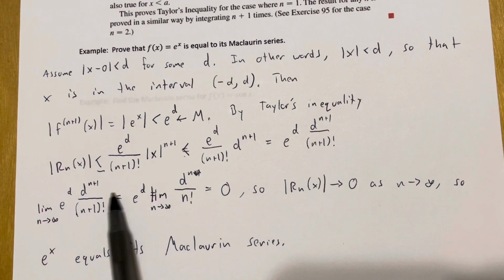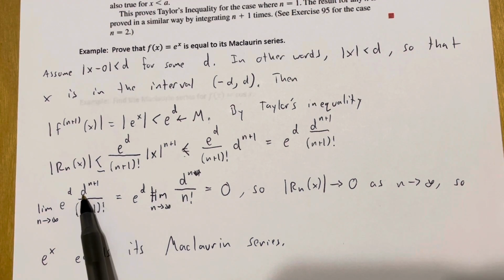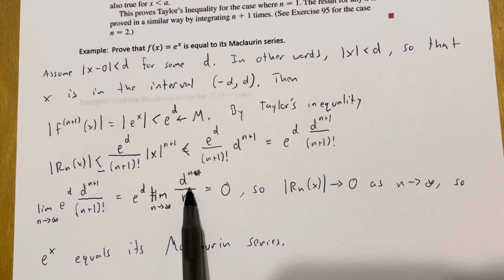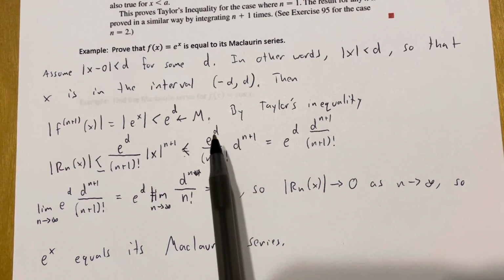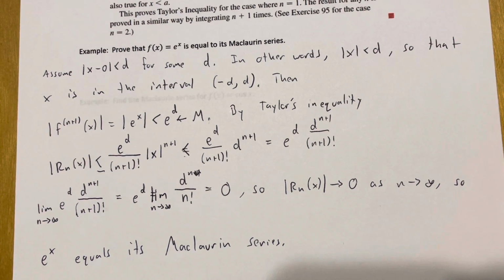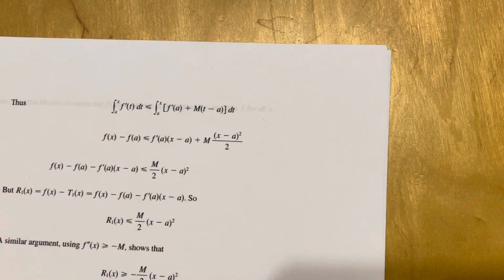This result here is going to be true regardless of what we're plugging in for the d. So that's important, because I can make this interval as big as I want it to be, and I still get the same result. That means e to the x equals its Maclaurin series for all values of x. Okay? All right.